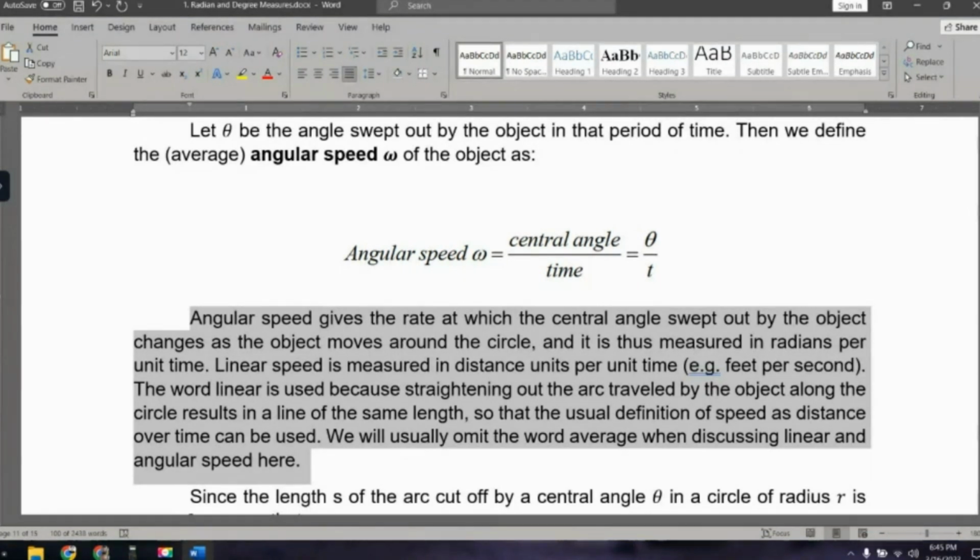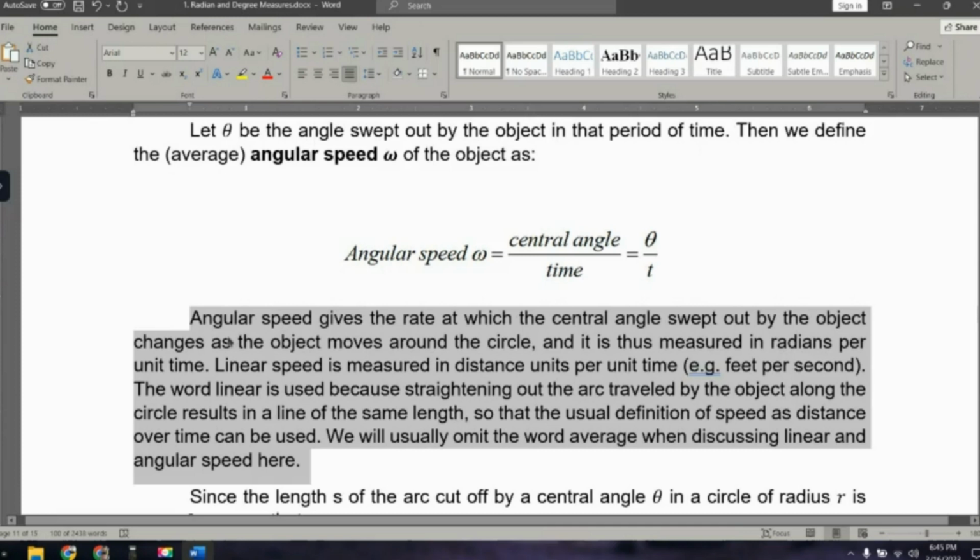Now, the word linear is used because straightening out the arc traveled by the object along the circle results in a line of the same length, so that the usual definition of speed as distance over time can be used.